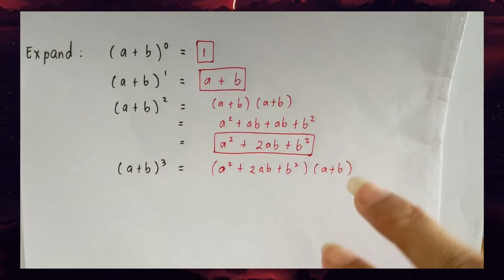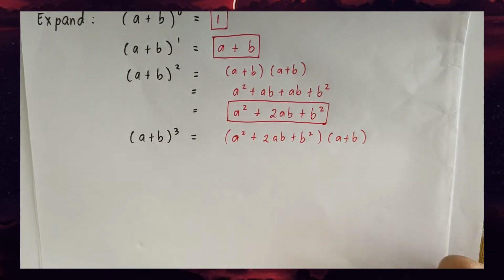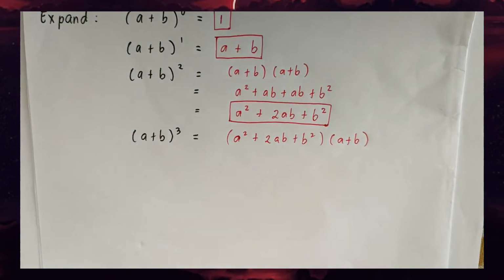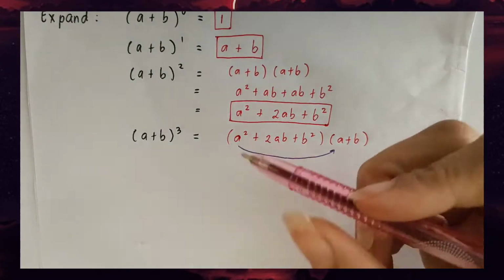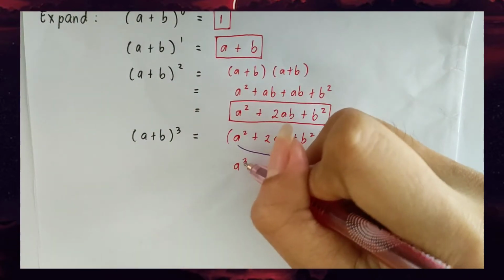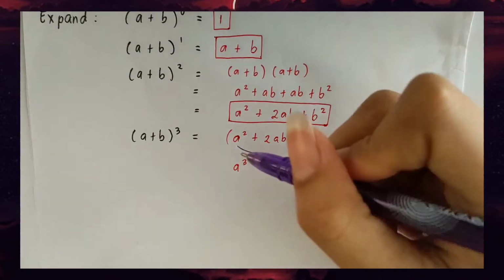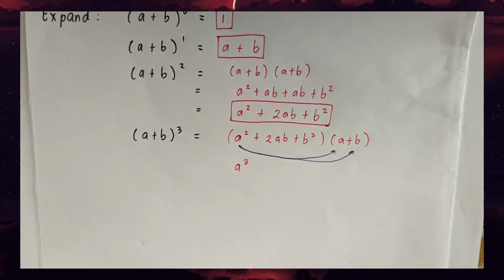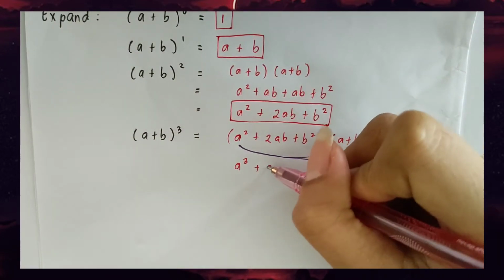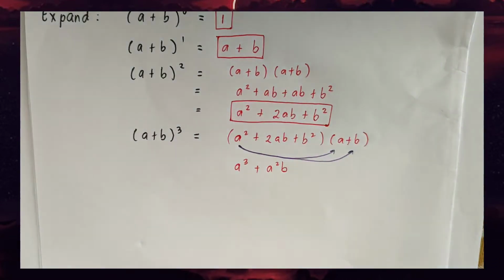Okay, so let us expand this one. So let us distribute a squared with a, and that will give us a cubed. Next, a squared with b, that will give us plus a squared b.